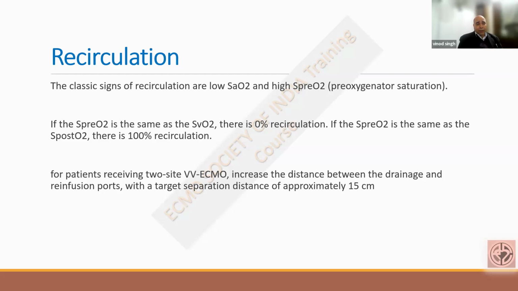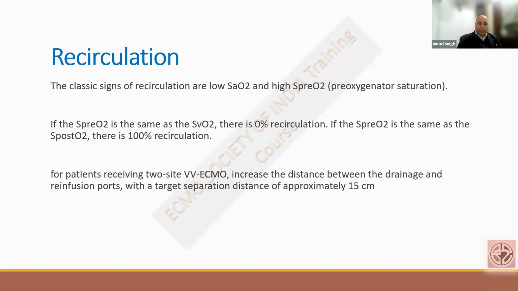And we know in which condition there is 100% recirculation. If the heart is not pumping, whatever saturated blood is going to the RA is directly pulled out by the drainage cannula. This occurs if the patient has a cardiac arrest: 100% recirculation.